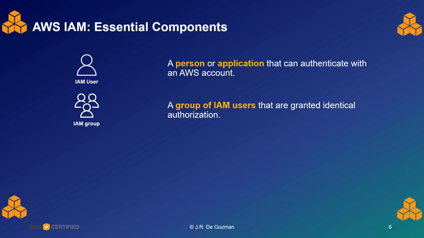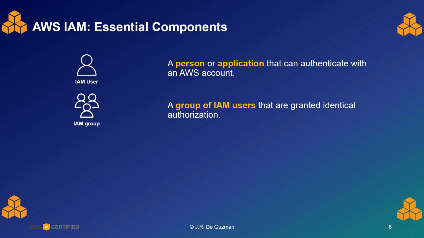You can use groups to specify permissions for multiple users at a time. Groups can make permissions easier to manage for large sets of users. For example, you could have a group named IAM admins and give that group permissions to administer IAM resources.